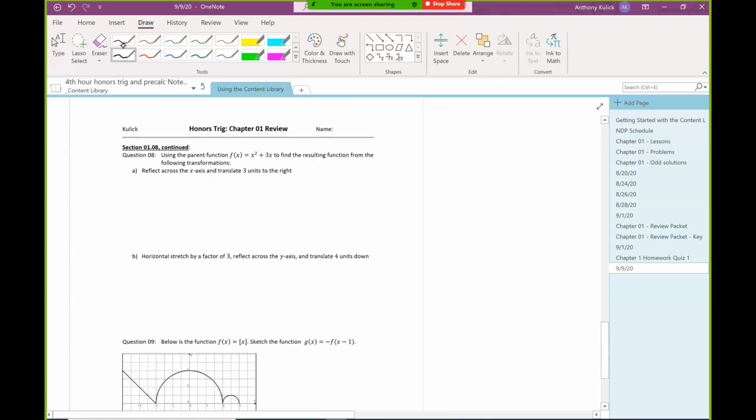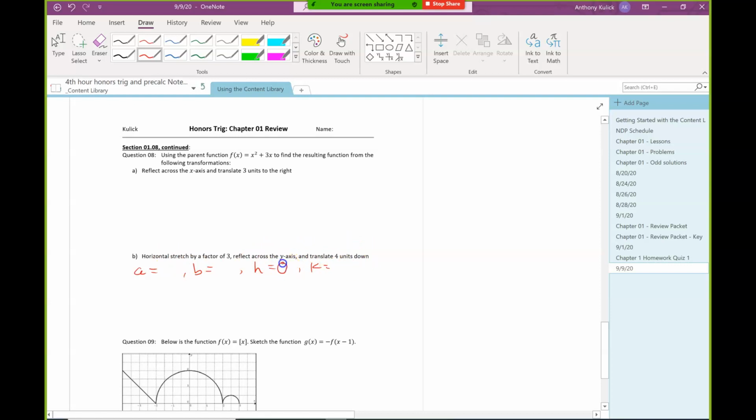So let's see. Horizontal stretch by a factor of 3, reflect across the y-axis, and translate down 4 units. Okay. So the first thing I would want to do is figure out the values for what this means in terms of A, B, H, and K. So we have a horizontal stretch, a reflect across the y, and a translate down.